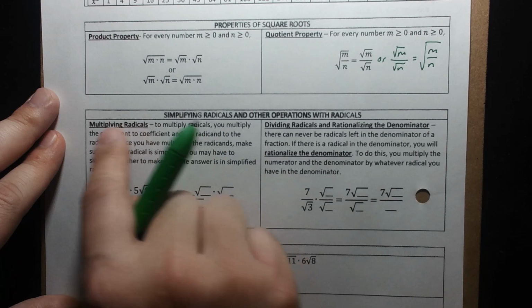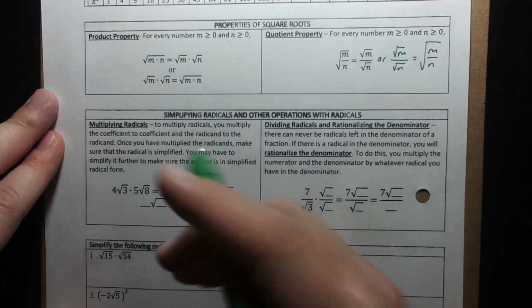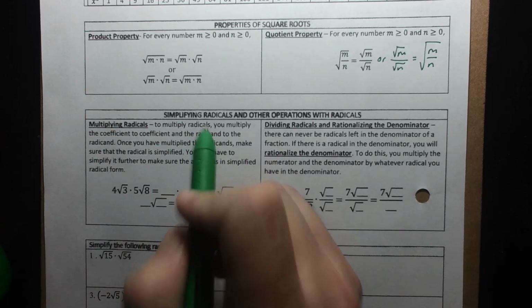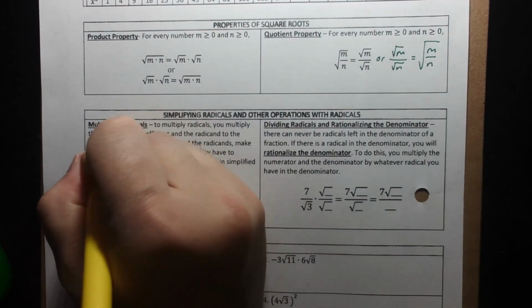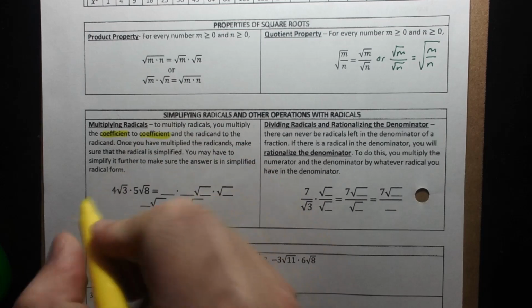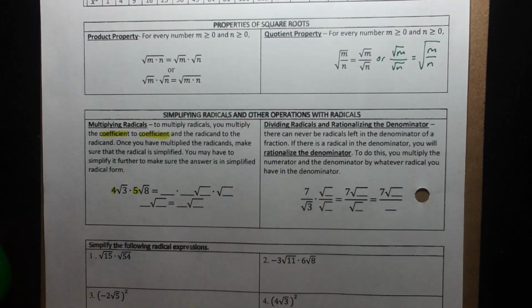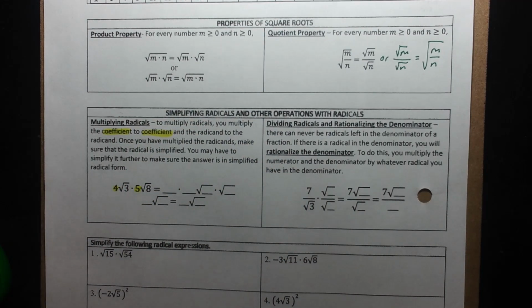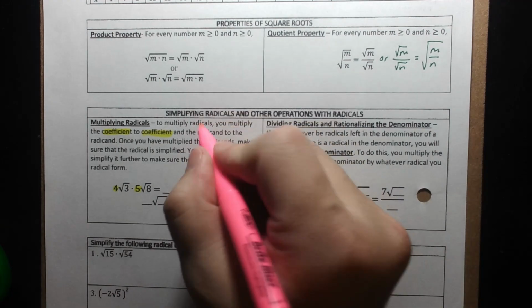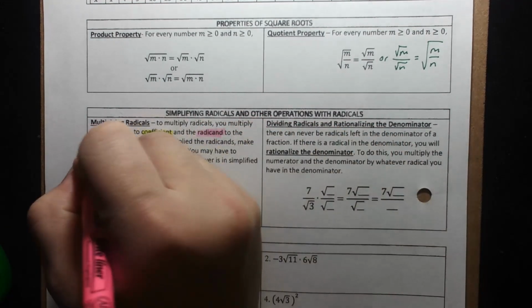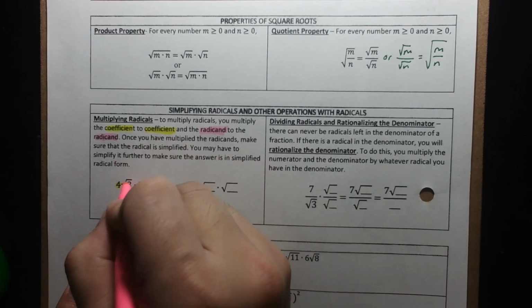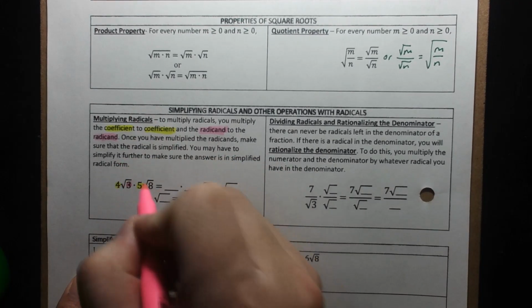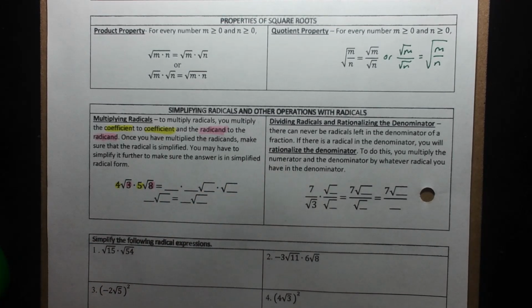So here we go, multiplying radicals. To multiply radicals, you multiply the coefficient to coefficient, so these things here are the coefficients, and then the radicand to the radicand. So the numbers under the roots are the radicands. So this is a radicand and this is a radicand.